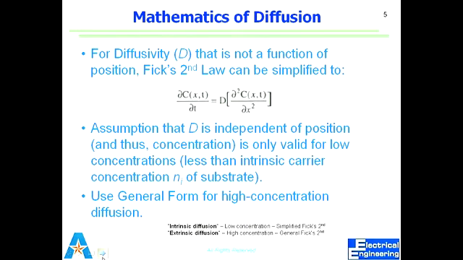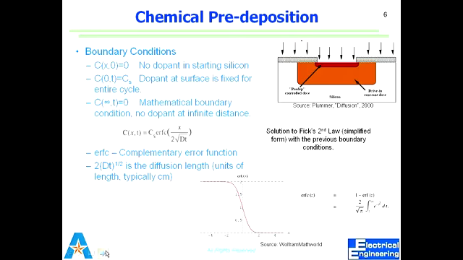Then for intrinsic diffusion we use the simplified Fick's second law. For extrinsic we use the general Fick's second law of diffusion. But for pre-deposition, the rules are slightly different, because we don't have any boundary condition once we start. So we have only this region, this red region, that we do pre-deposition.